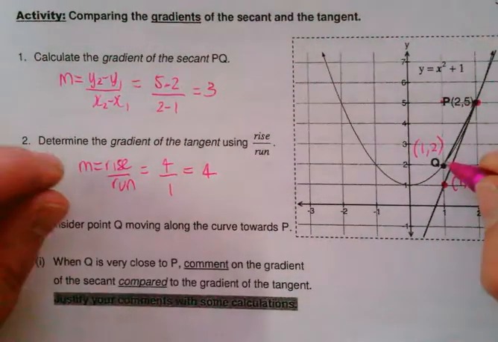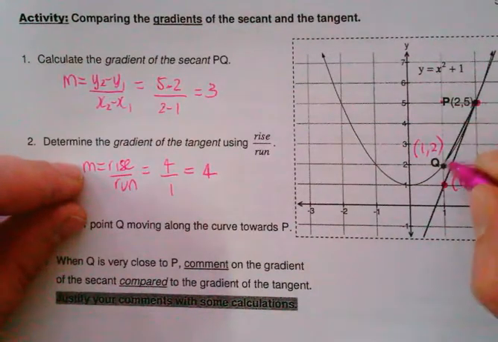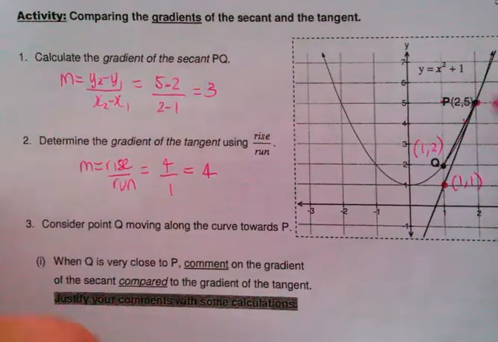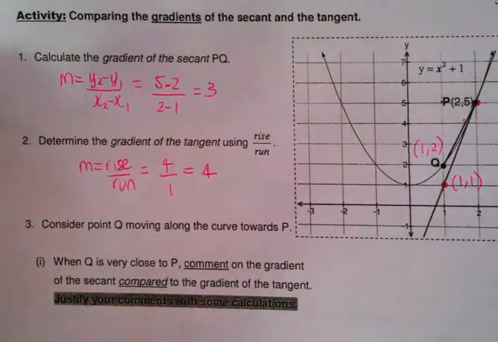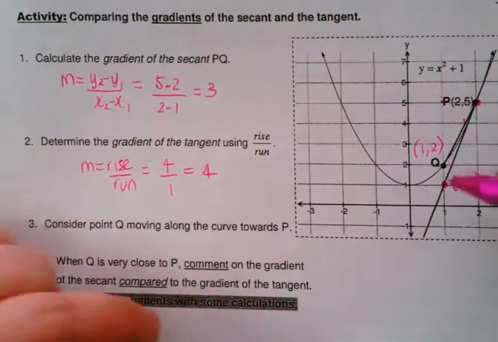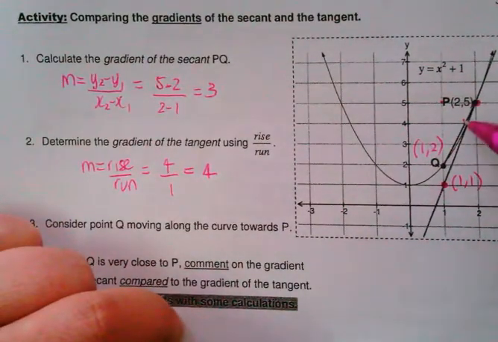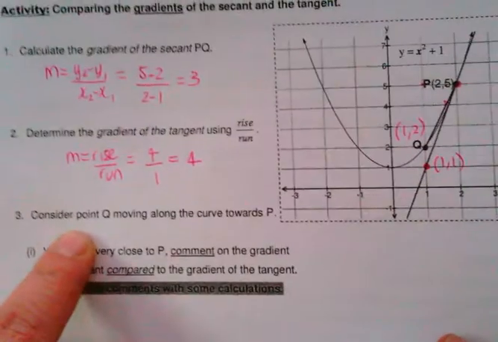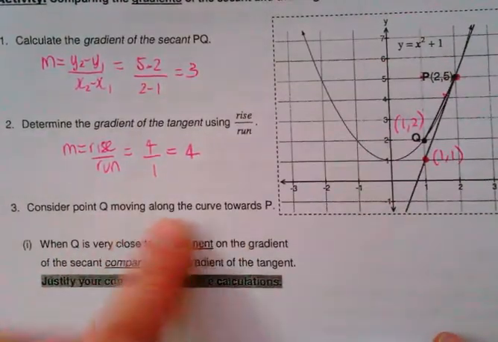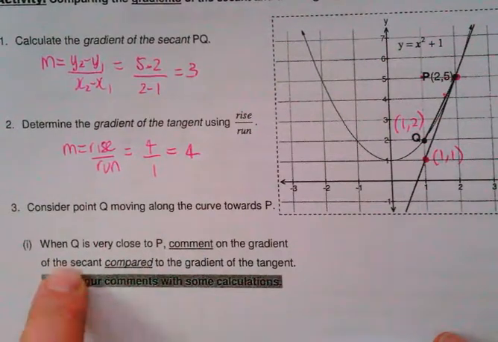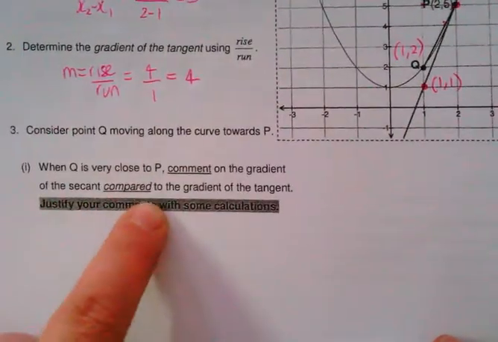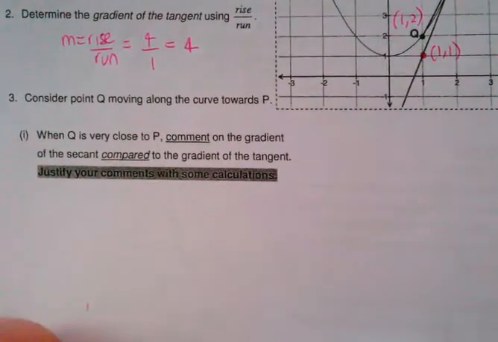But if I keep moving point Q closer and closer to point P, I will eventually approach a gradient of 4. I know the gradient of this tangent is definitely 4. As I move Q closer and closer, my answer will get closer to 4. So if you consider moving Q along the curve towards P, when Q is very close to P, comment on the gradient of the secant compared to the gradient of the tangent.